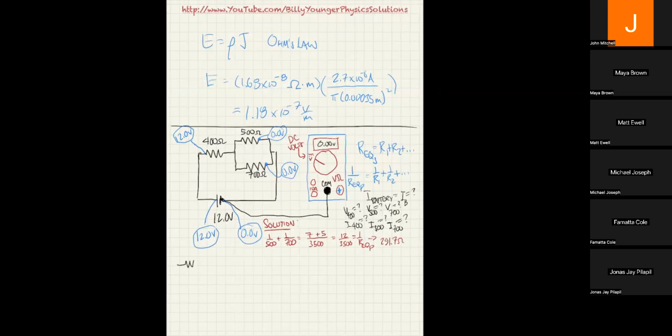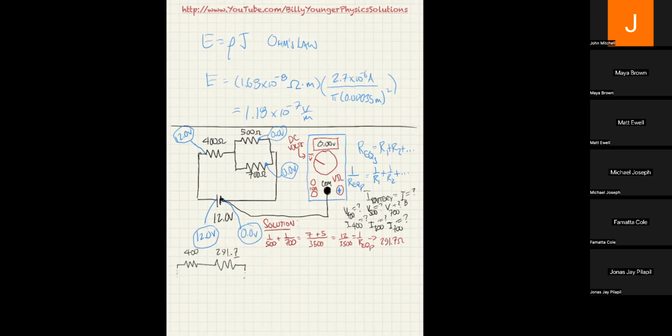Now what I have is this guy, and then this guy. This is 291.7, which obviously is one extra sig fig, and this one's 400. I just left the battery off so we can fit it.